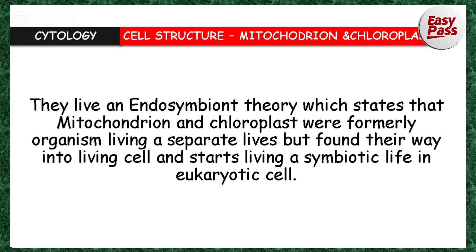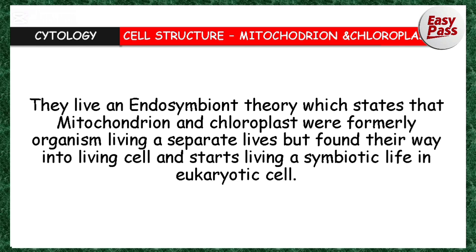The word endo means inside. Symbiont refers to a relationship between two organisms in which both of them benefit from each other. So scientists believe that they follow this particular theory, and with this theory we can support the idea that mitochondria and chloroplast were formerly organisms living a separate life but found their way into living cells and started living a symbiotic life in eukaryotic cells.